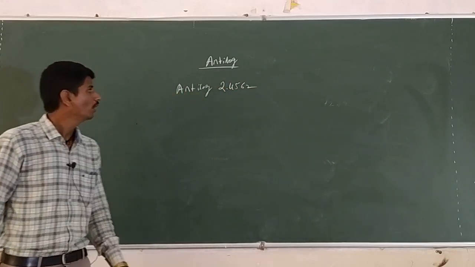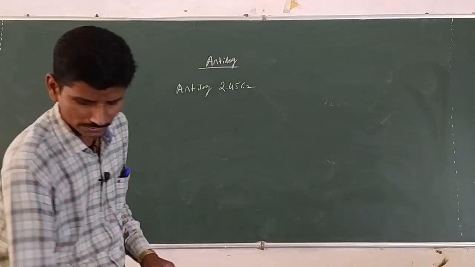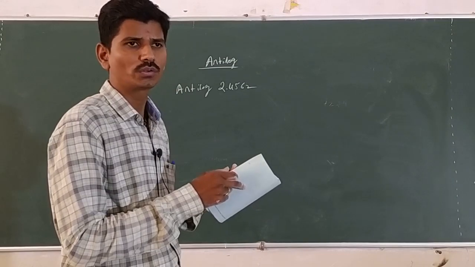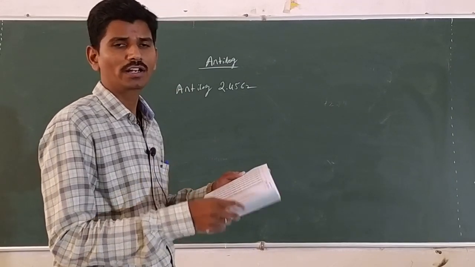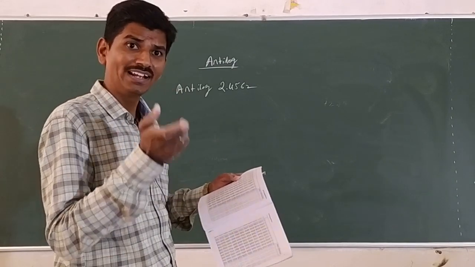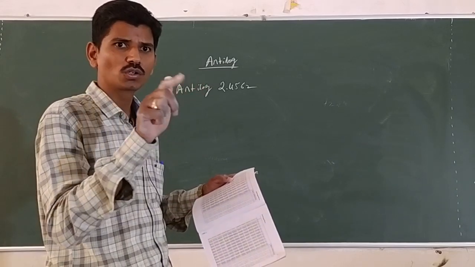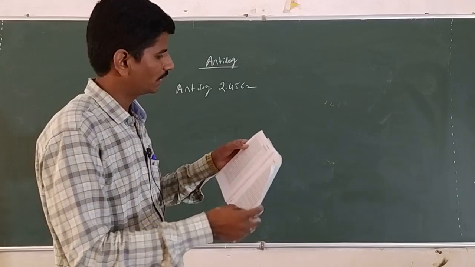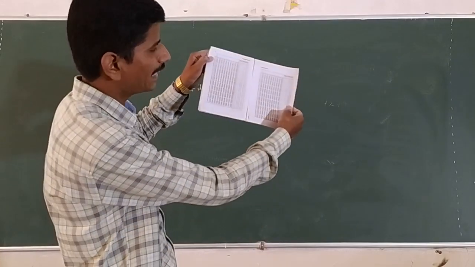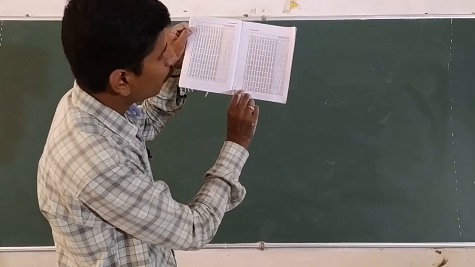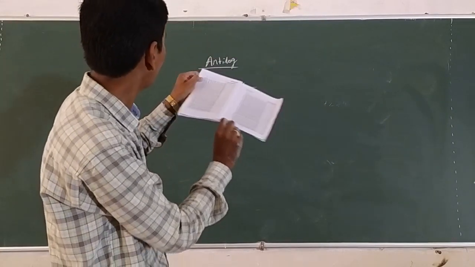The anti-logarithm table starts from 0.00 to 0.99, whereas the logarithm table starts from 10 to 99. See here, it is the anti-logarithm table, and it starts from 0.00 to 0.99.